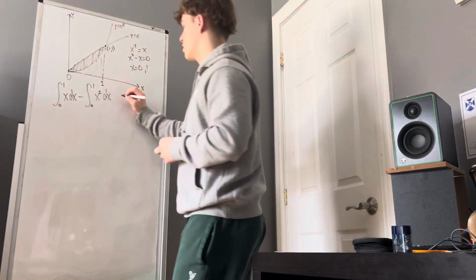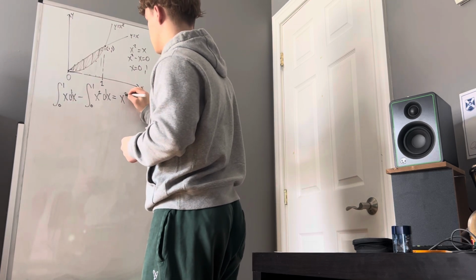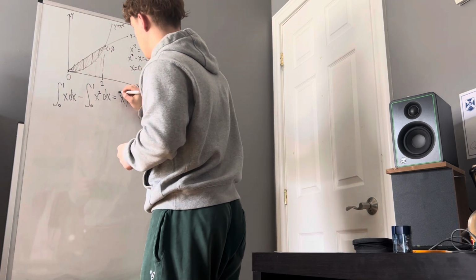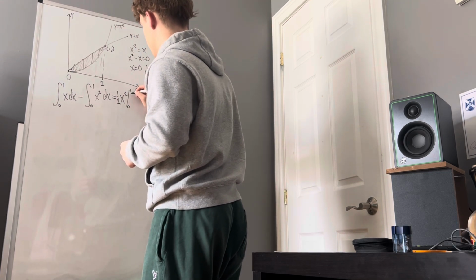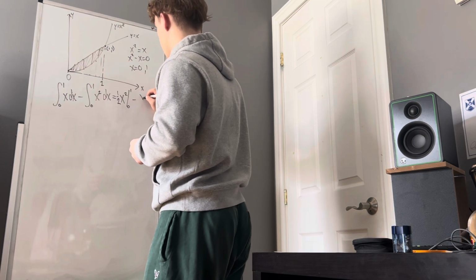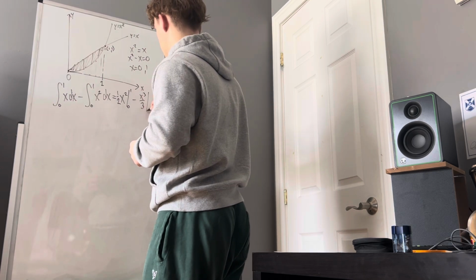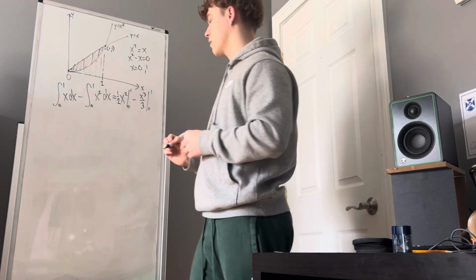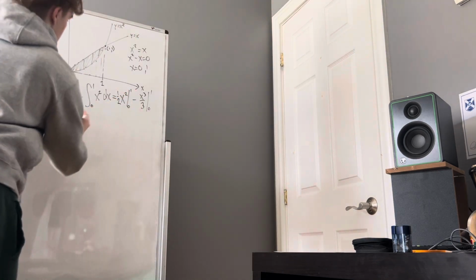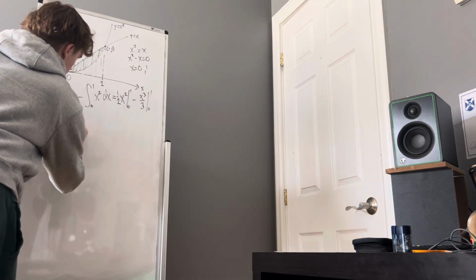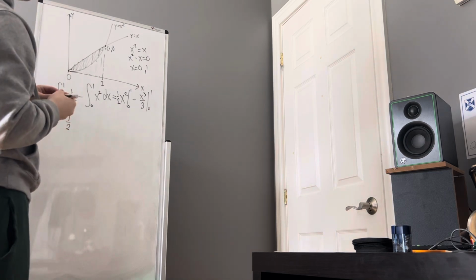Let's evaluate this right quick. This is x squared over 2, one half x squared, evaluated from 0 to 1, minus x cubed over 3, evaluated from 0 to 1. This becomes 1 over 2, because when we plug in 0, we get 0.